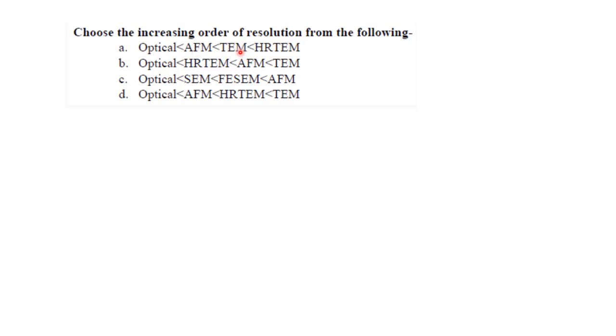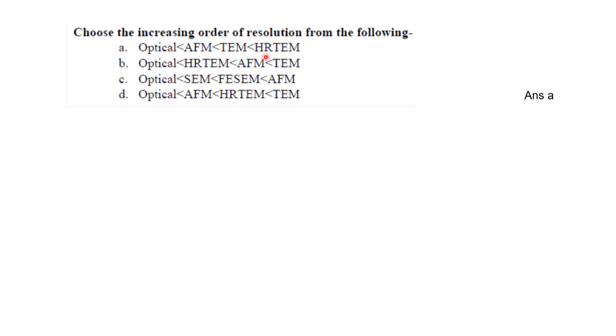Then in the TEM, it is even higher resolution, and the HRTM, anyone of you know the full form of HRTM? Yeah, exactly. The name only tells that it is high resolution TEM. So it basically gives the idea about the structure of atoms, or how the atoms are arranged. That goes up to Angstrom levels. So that's why it is very high order of resolution. So the correct order is option A.